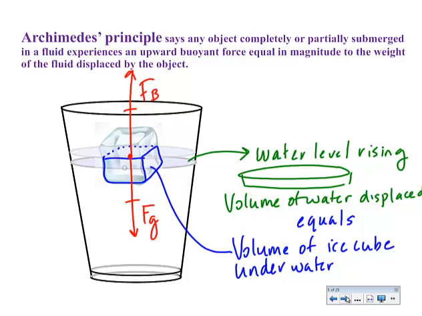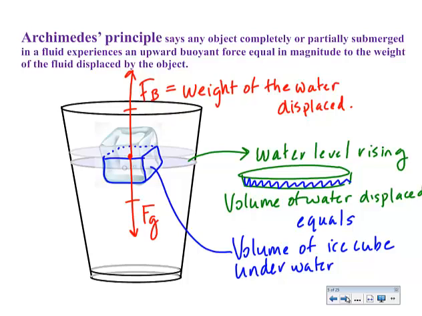We also know that this buoyant force is equal to the weight of the water displaced. And I could compute the weight of the water displaced if I knew the volume of this water and its density. If I knew its volume and its density, I could get its mass and therefore get its weight.